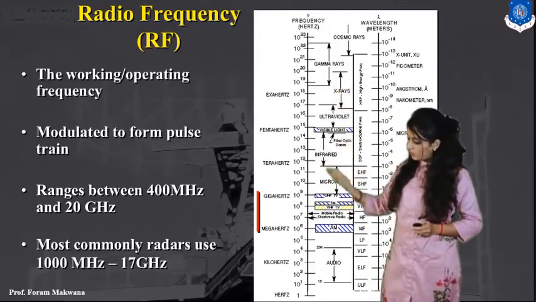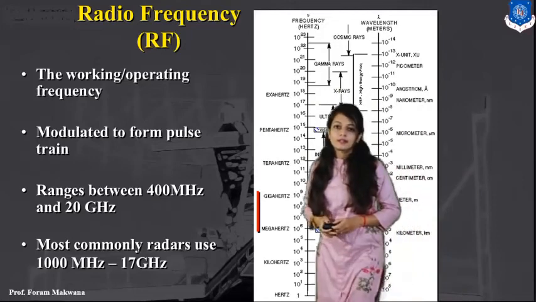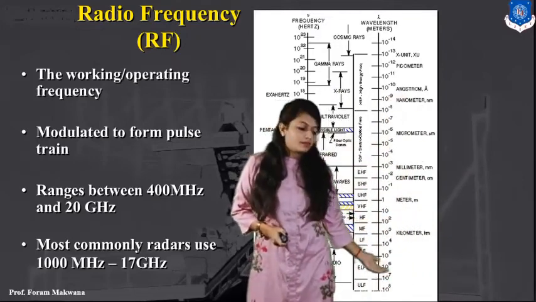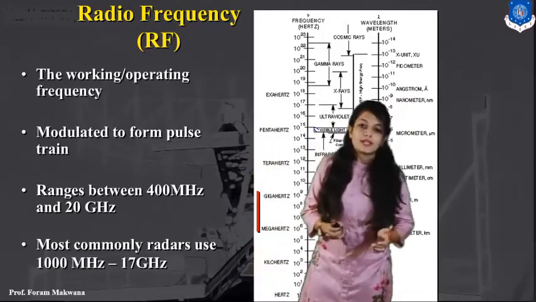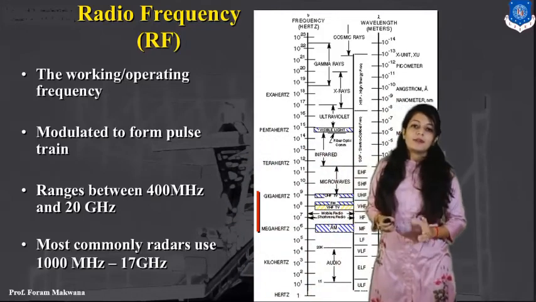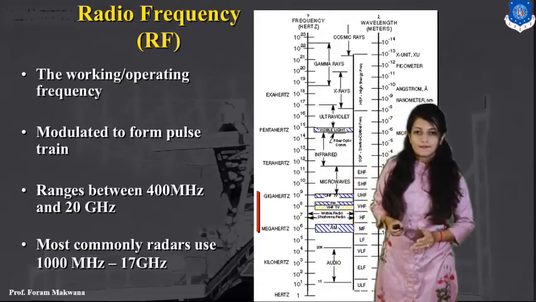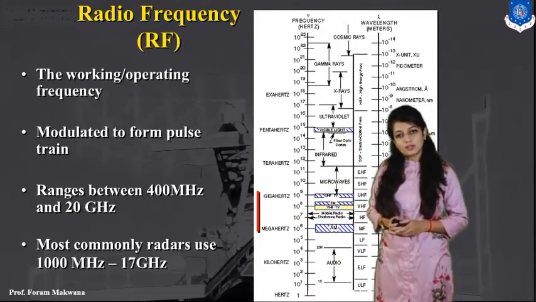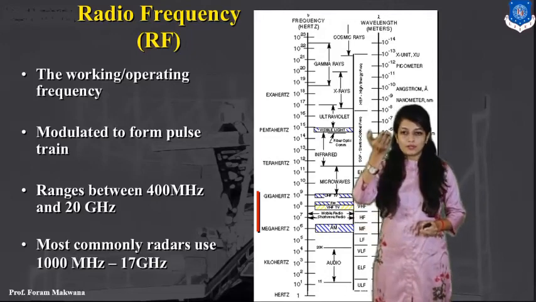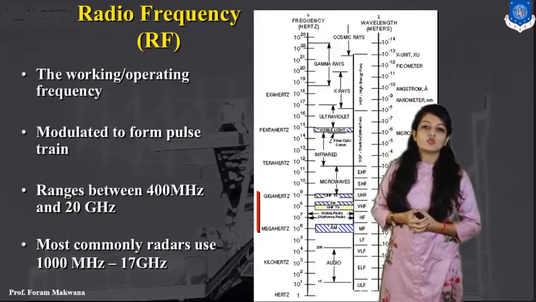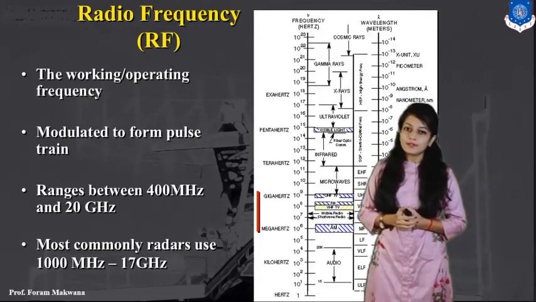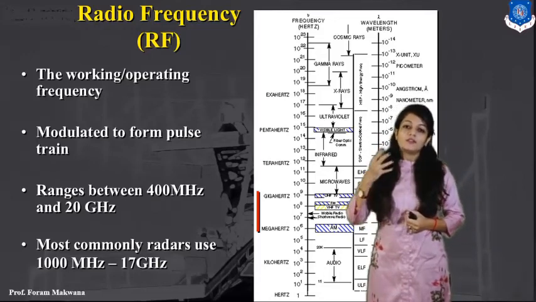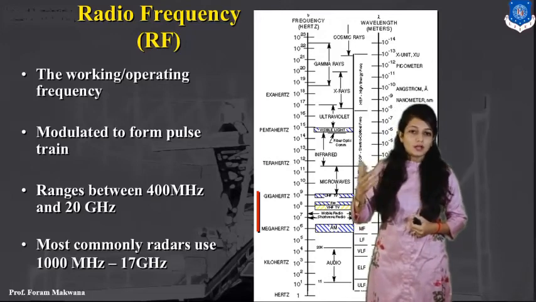This is the frequency range and this is the wavelength in meters. Alright? So lambda is equal to c by f, as the wavelength is inversely proportional to the frequency. As the frequency increases, lambda decreases, because both are inversely proportional. So radar is operated at gigahertz frequencies.